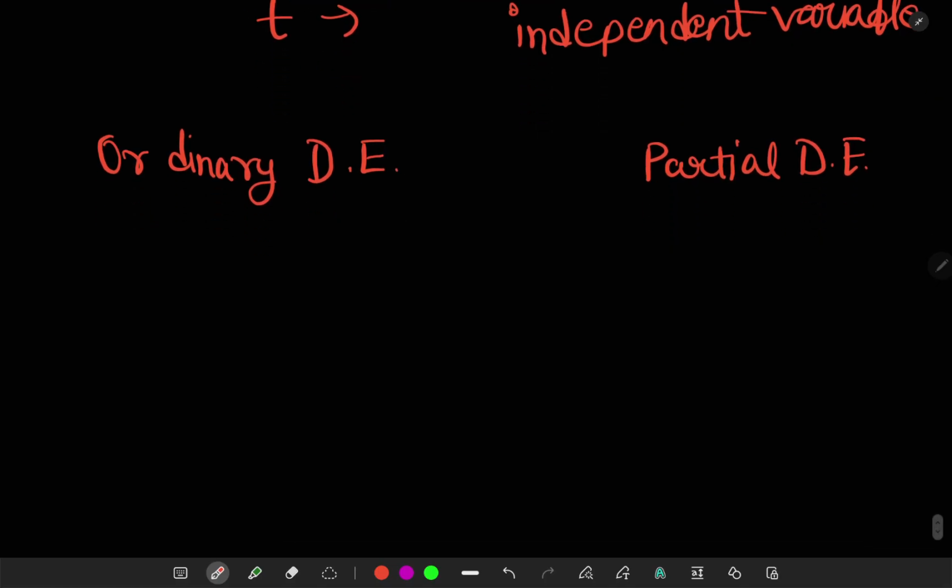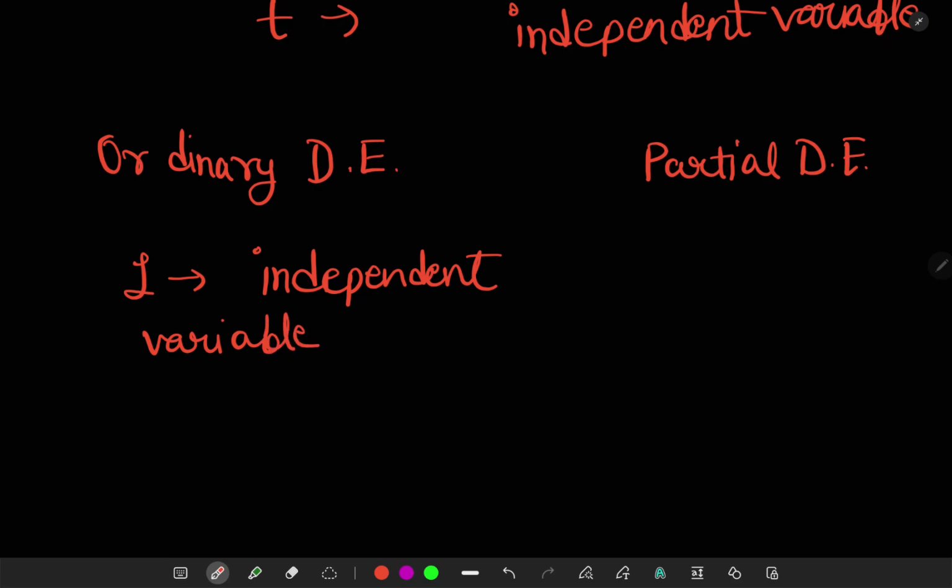In an ordinary differential equation, there is only one independent variable present. And in a partial differential equation, two or more independent variables are present.